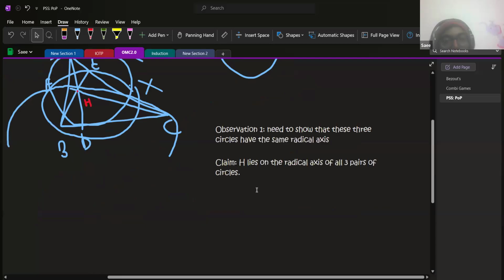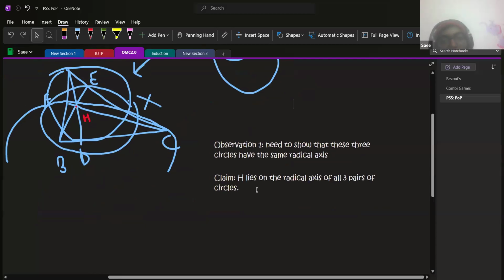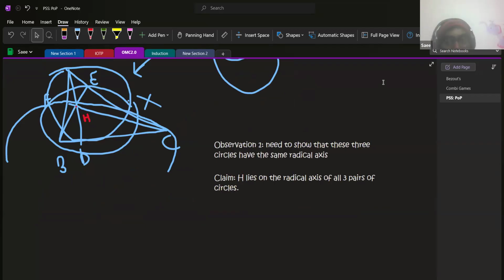So how could we go about proving this? Again, something lies on the radical axis. This is just because HA times HD equals HB times HE equals HF times HC.